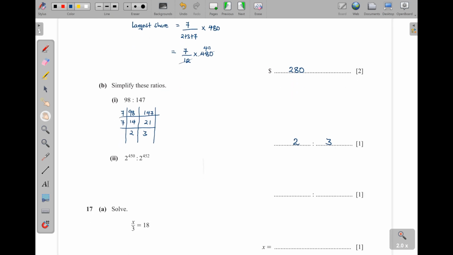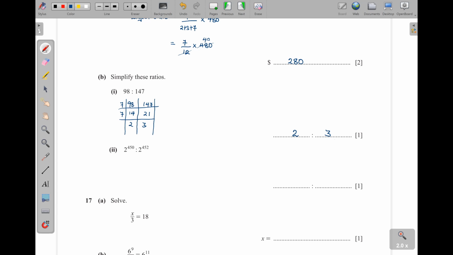And then Roman 2, we are using rules of indices here. Okay? Remember, ratios are fractions. So this is the same as saying 2 power 450, then divide by 2 power 452. So we subtract the powers. 450 minus 452.